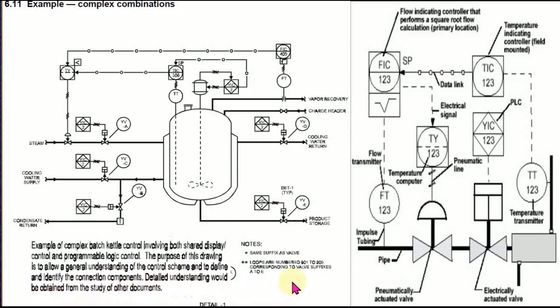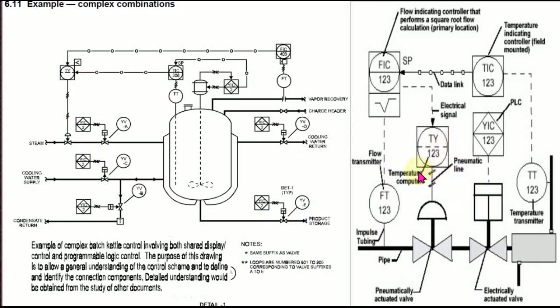So here, as you can see, I found this diagram in the other documents, which also belongs to ISA. So I put it in here to easily visualize the system. So here, TY, where is your TY?